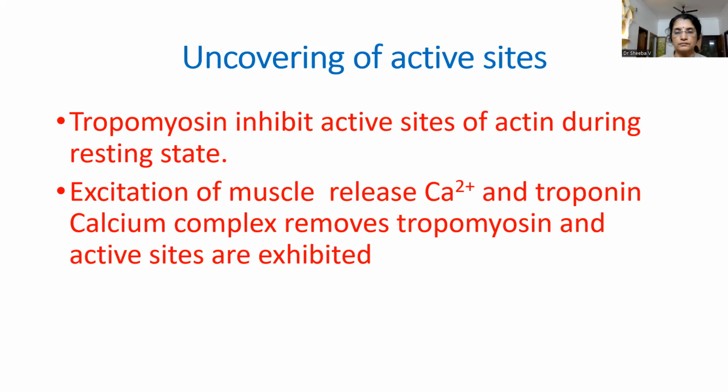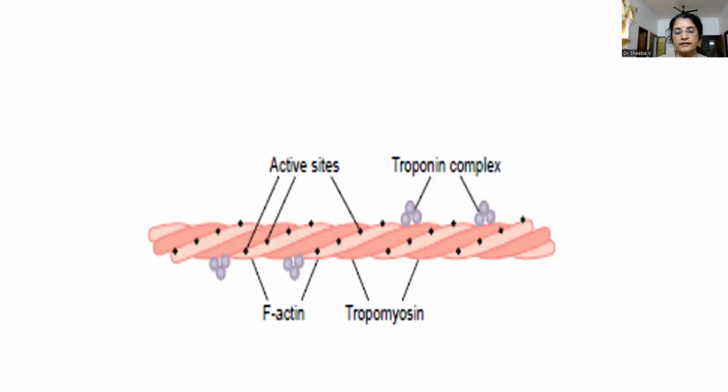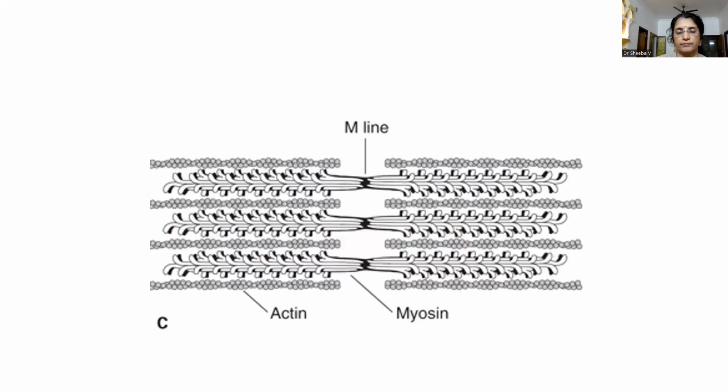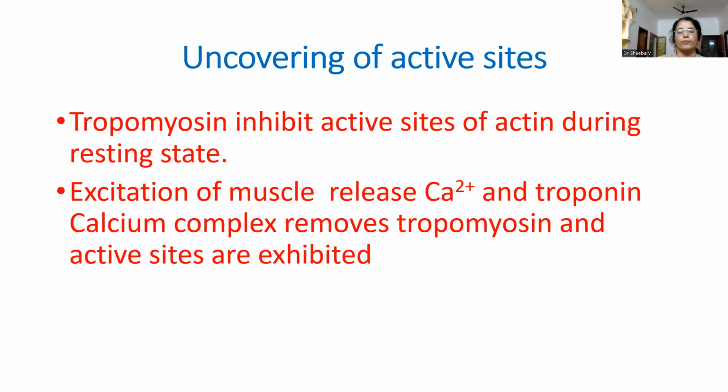Normally, the active sites on the actin filaments are inhibited, or covered, by the tropomyosin filament. This tropomyosin is removed during muscle contraction, uncovering the active sites. Tropomyosin inhibits the active sites of actin during the resting state.